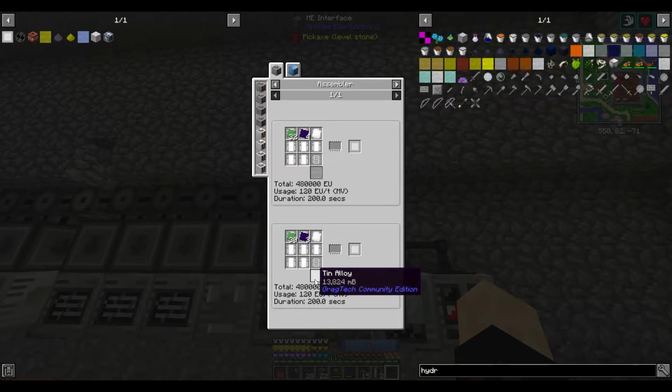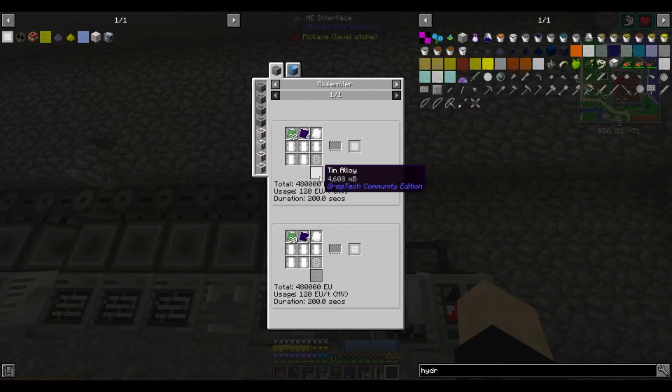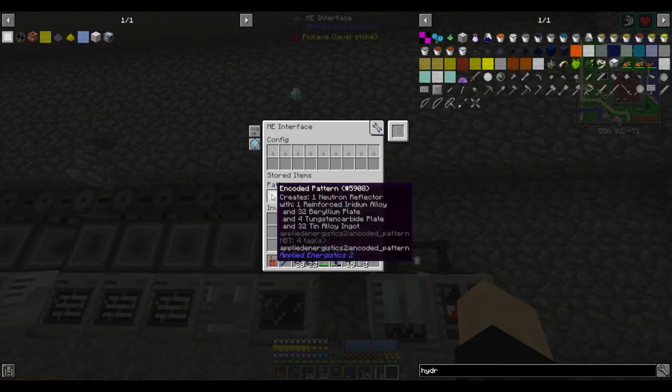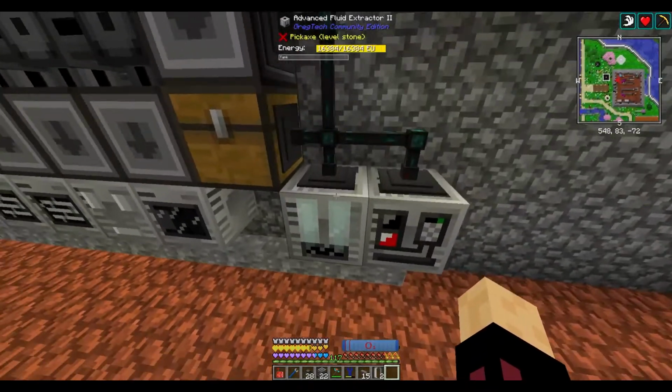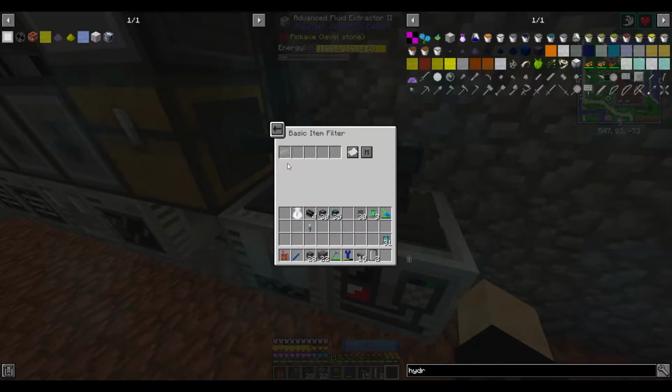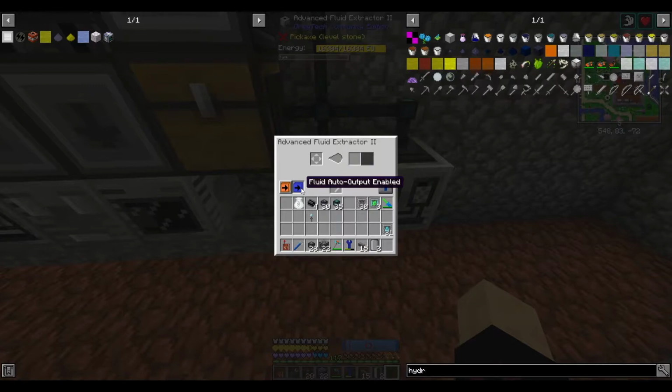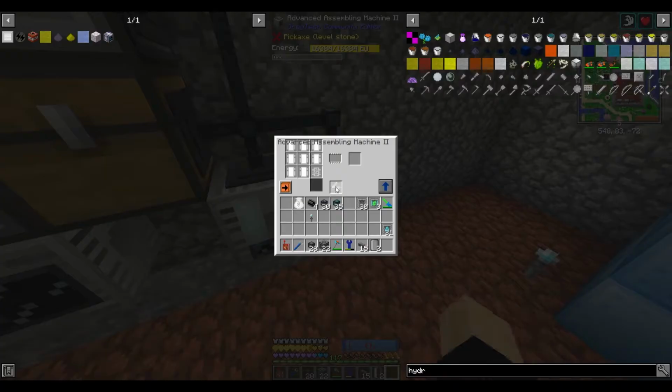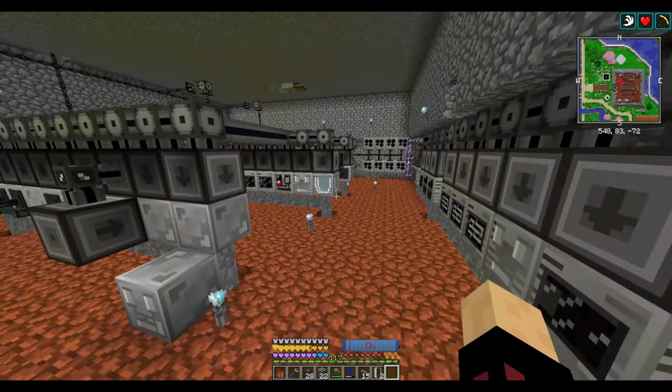This one requires 13,824, which is more. Basically this amount of liquid equals 32 ingots of tin alloy. So what I'm doing here is sending tin alloy to the recipe, and filtering that to go only here. Then from here, it outputs the tin alloy, which ends up crafting that.